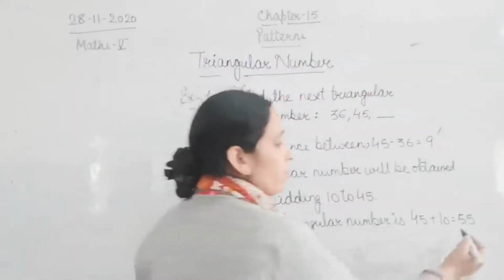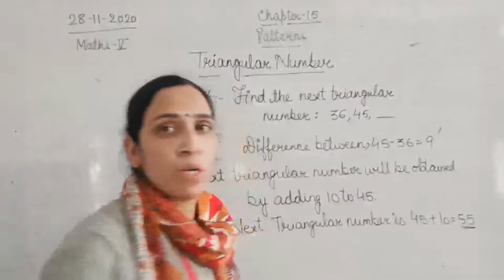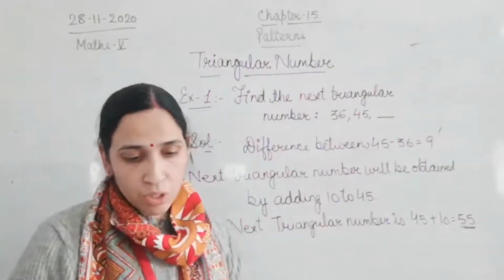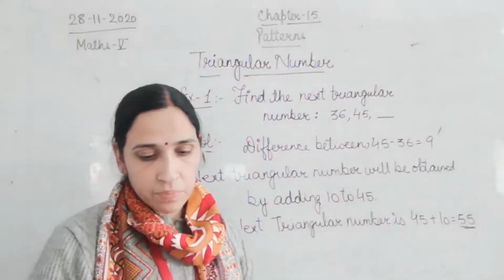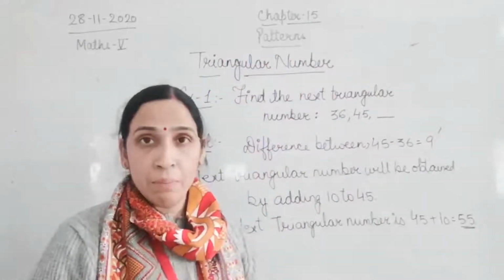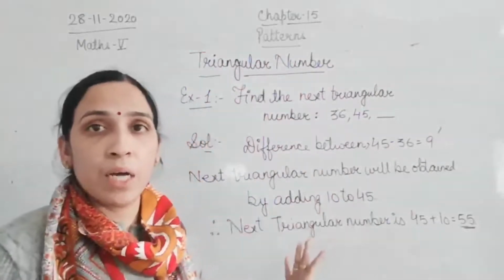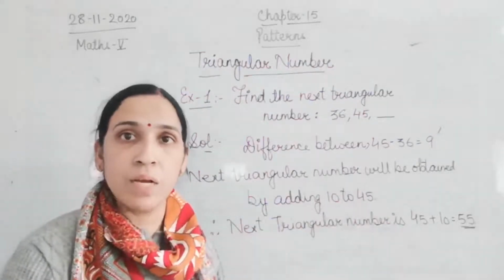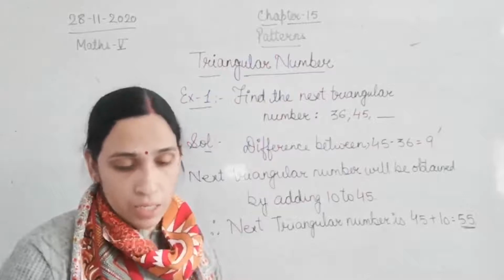So that is your 55. Now children, in this way you can find any triangular number. If you have been given a series, you can find any triangular number.